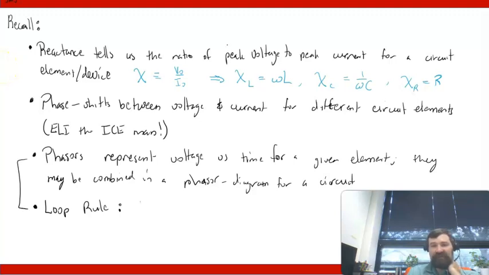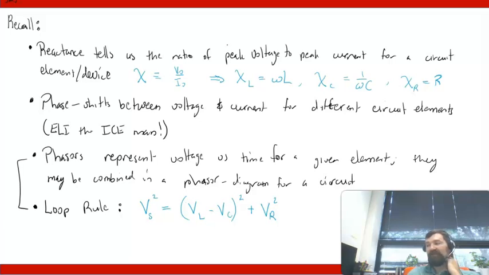Something like the total voltage, or the voltage of the power supply, if you will, must be equal to, albeit maybe in opposite polarity from, the voltage drop across the inductor minus the voltage drop across the capacitor quantity squared, plus the voltage drop across the resistor squared.